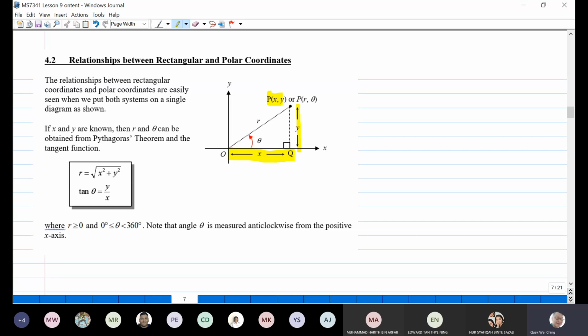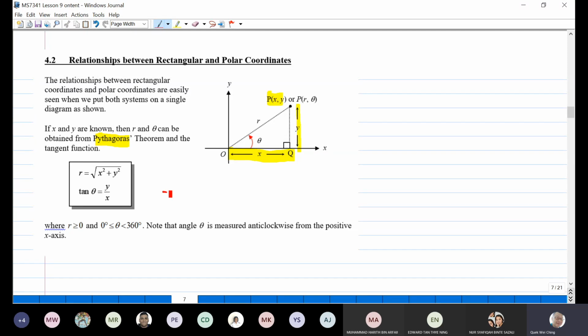In the diagram, you find r using a right angle triangle. You use the Pythagorean theorem, right? You see that r is equal to the square root of x squared plus y squared. So quite easy to see that. Then you can find theta now. Okay, how to find theta? Theta is always measured from the positive x-axis and anti-clockwise.